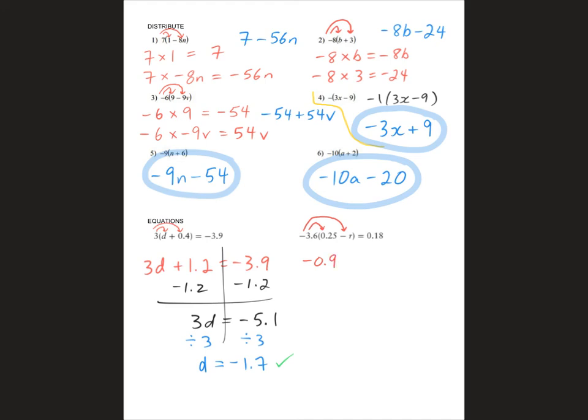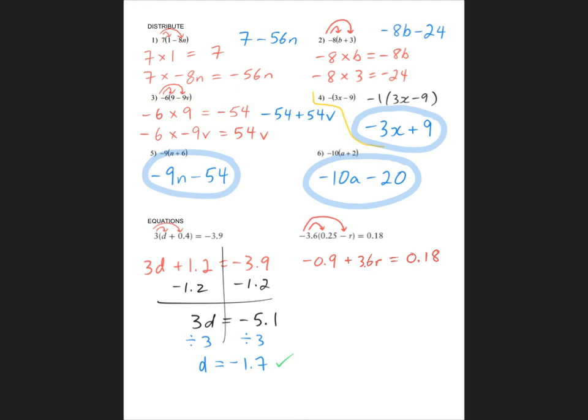And then we have -3.6 times -r. And that's a -1r. Okay, so basically it's a negative times a negative, which is going to give us plus 3.6r. Okay, and that's all going to equal the right side, which is 0.18.